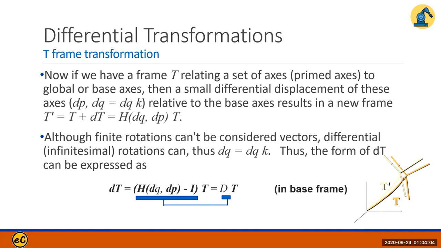Then the small differential displacement of the axis relative to the base axis results in a new frame such as this. What this means is that the frame will change according to T prime equals T plus dT, and you can divide it by time. Here you can continue to use the P and Q points.